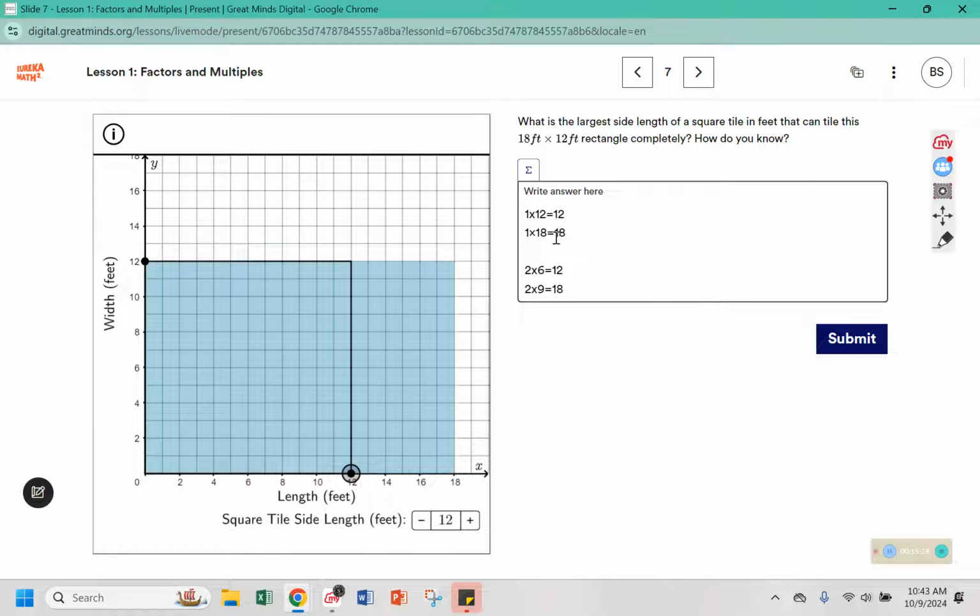We said 3 works. 3 times 4 is 12. And 3 times 6 is 18. We also said 6 works. And that is because 6 times 2 is 12. And 6 times 3 is 18.